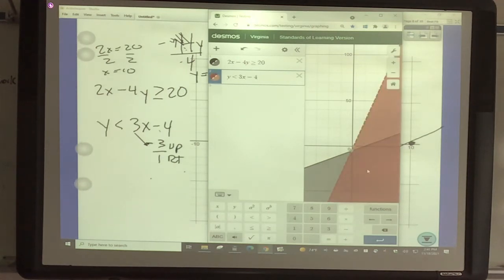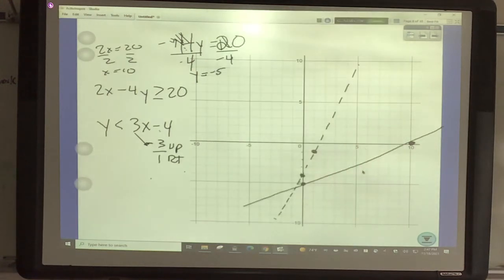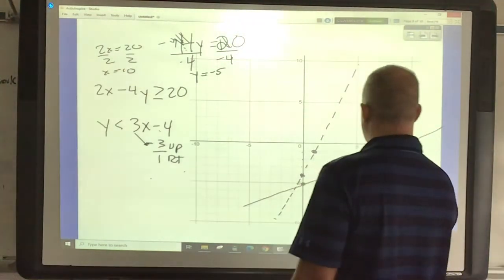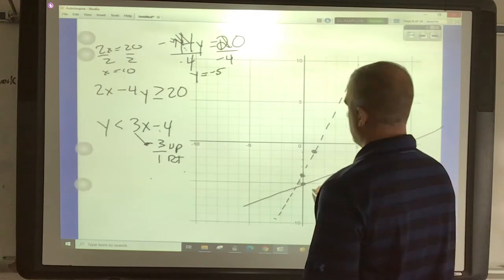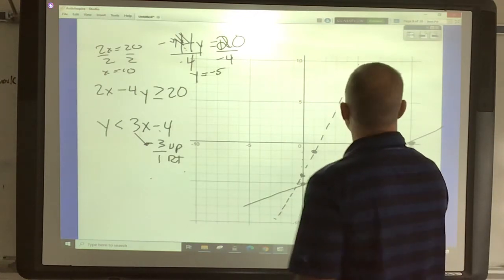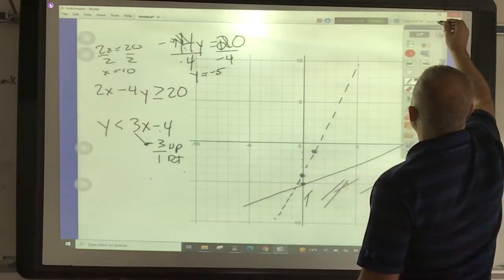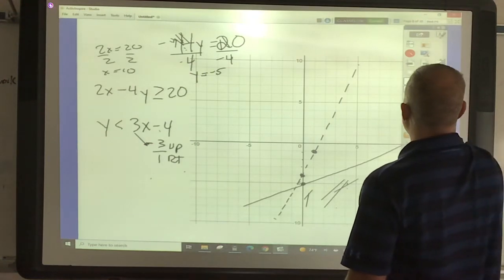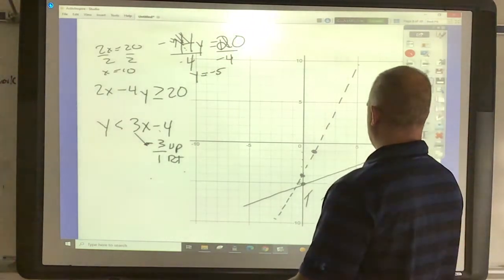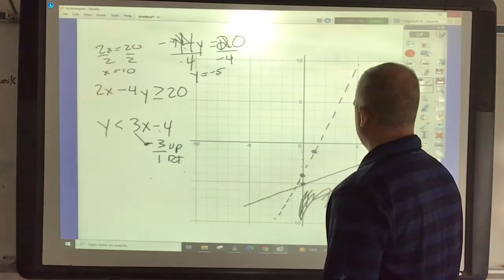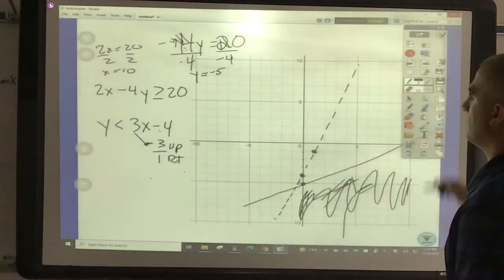Okay, you can see the darkest region would be in that corner. So I would be shaded down in here. I don't know what's going on. All right, that's going to be right there.